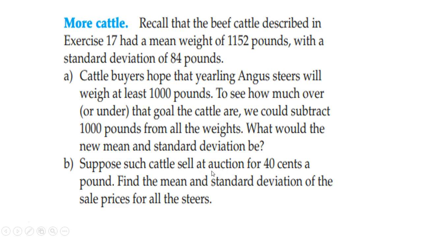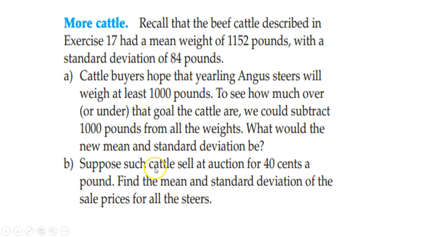Going back to that cattle example we just did, where we know the mean is 1,152 and the standard deviation is 84, cattle buyers hope that Angus steers will weigh at least 1,000 pounds. To see how much over or under that goal the cattle are, we would subtract 1,000 pounds from all the weights. What would be the new mean and the new standard deviation?